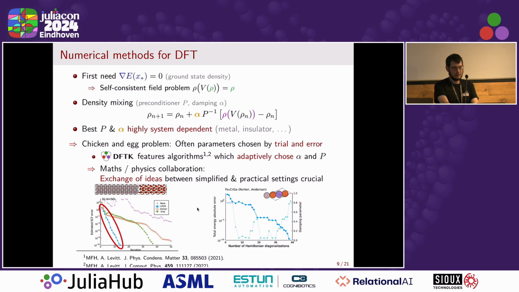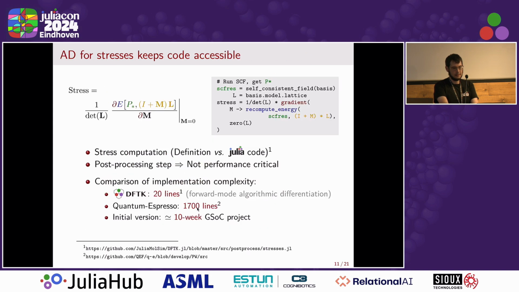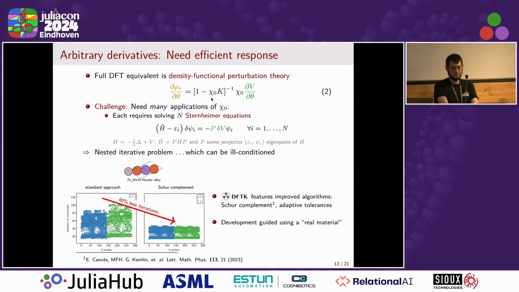Okay, so the math point of view is that the second derivative of the energy actually turns out to be this guy. And so what we are doing is, instead of inverting this exactly, we make an approximation for this chi0, which turns out to be the expensive object. The approximation we use comes from homogenization theory.